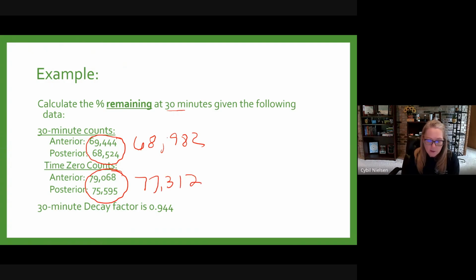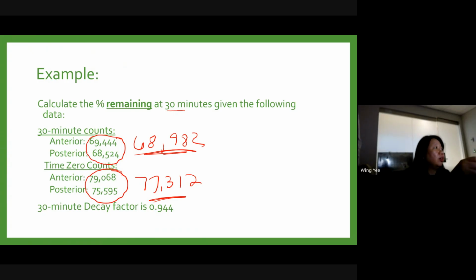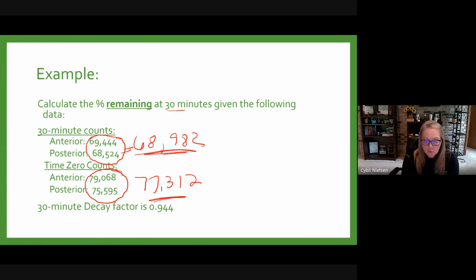All right, so these are my 30-minute counts and my 0-minute counts. To calculate the percent remaining, which one goes in the numerator and which one goes in the denominator? It's the square root of the A times P. Okay, so I gave you the square root of the anterior.